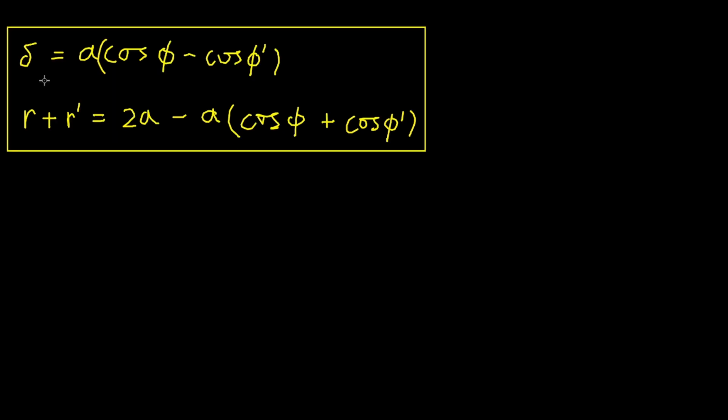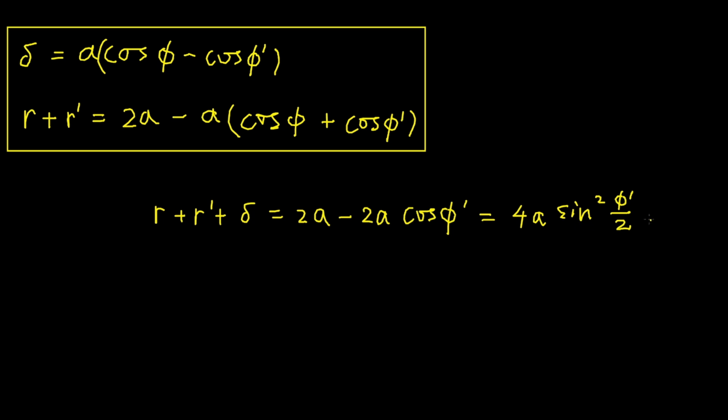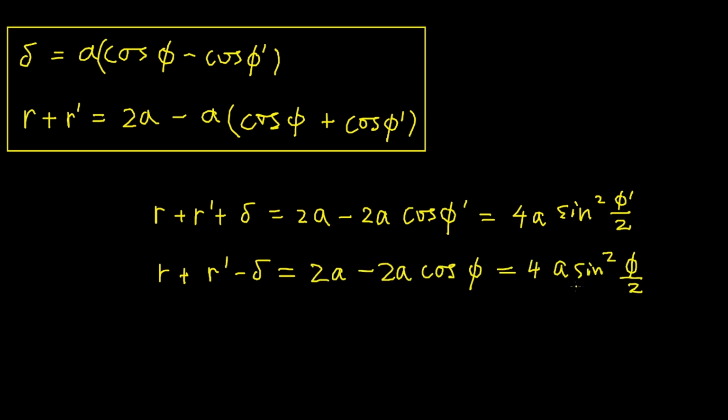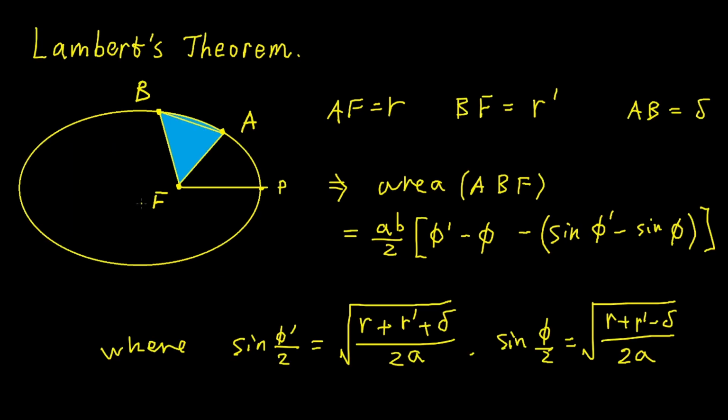Adding the two equations together, we notice that the cosine phi cancels, so r plus r prime plus delta is just 2a minus 2a times cosine of phi prime, which we can then use the half angle formula to write as 4a times sine squared of half phi prime. And similarly, r plus r prime minus delta is 4a times sine squared of half phi.